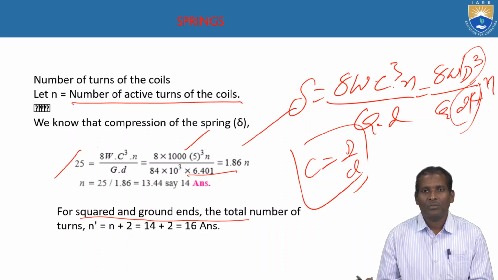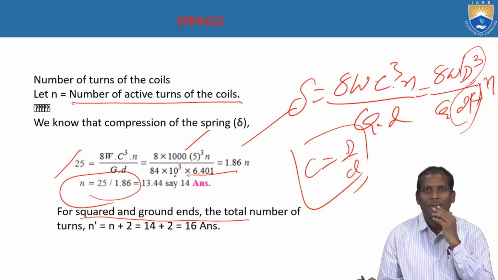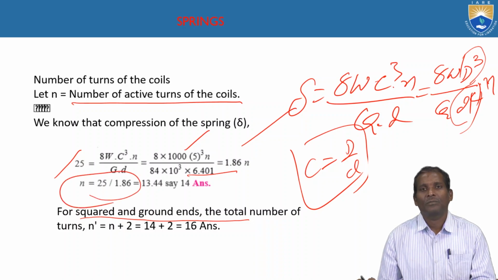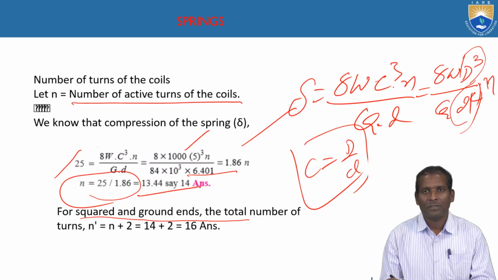So here you may calculate N is equal to 25 upon 1.86. So the calculated value is 13.44, you can say 14.